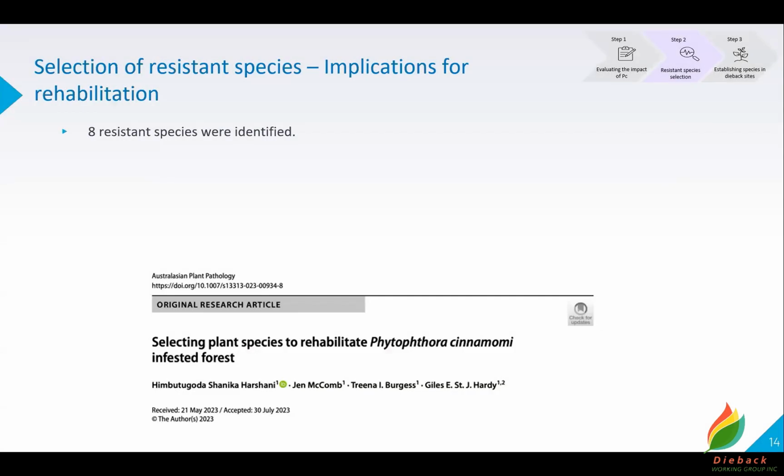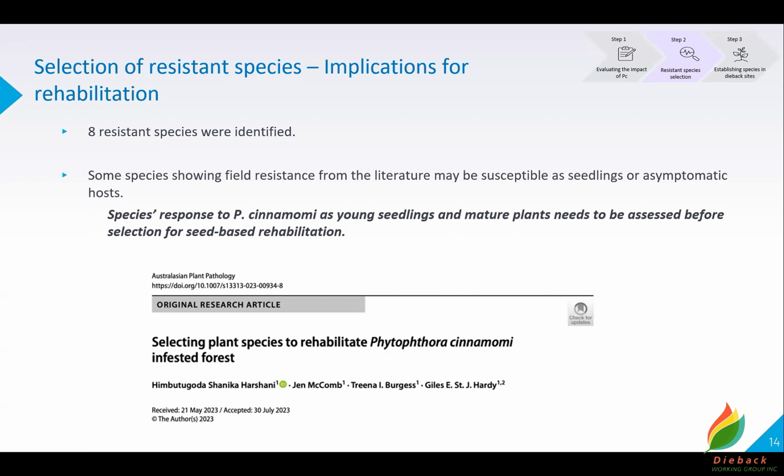So talking about the implications of this experiment for rehabilitation, I have identified 8 resistant species, which I can use in the rehabilitation experiment. And the other thing is the species which we think of as field resistant based on literature. These species can be susceptible as seedlings, or they can be asymptomatic hosts, which allow the pathogen to survive in their roots without killing the plant.